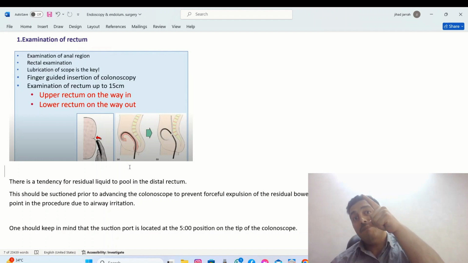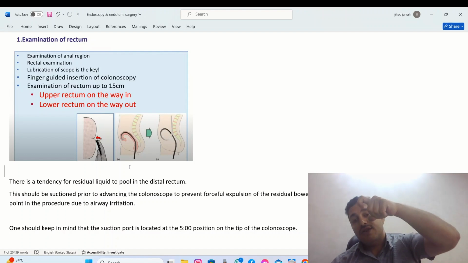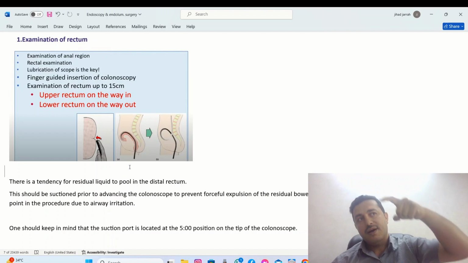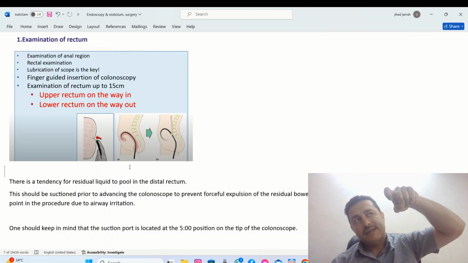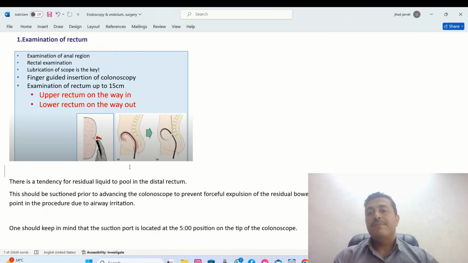So this can be examined when I go out by what we call the retroflex view. When I withdraw the colonoscope, I bend the colonoscope, and we can examine the lower part of the rectum.